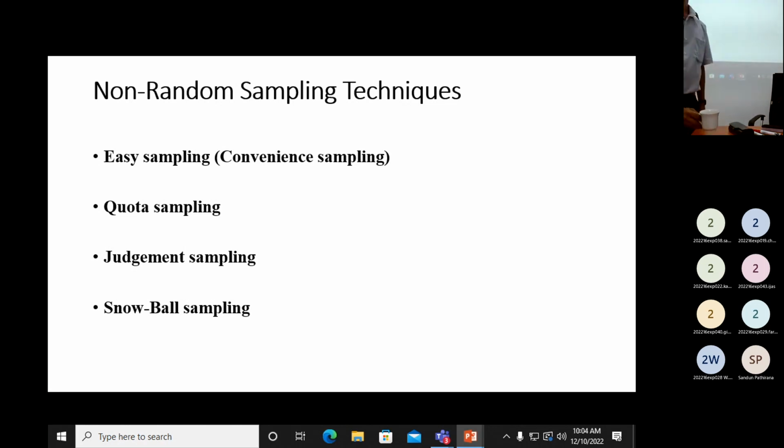If we can select our sample items easily, that is called convenient sampling.